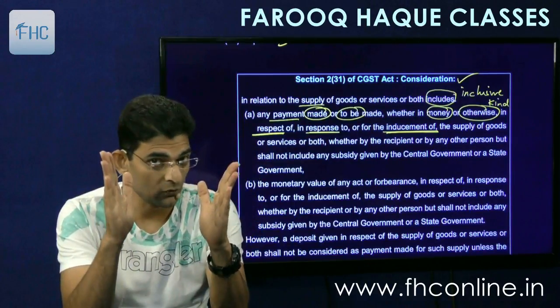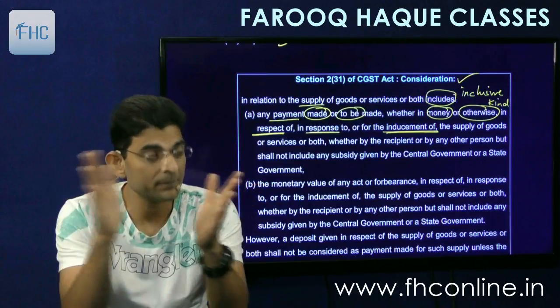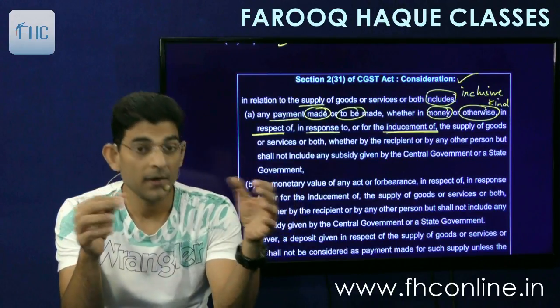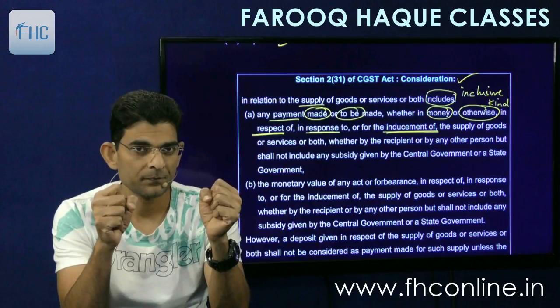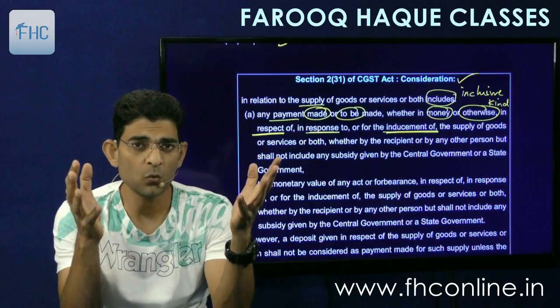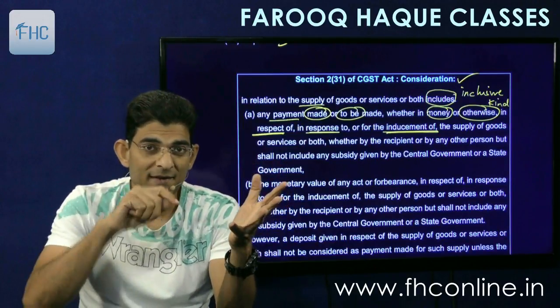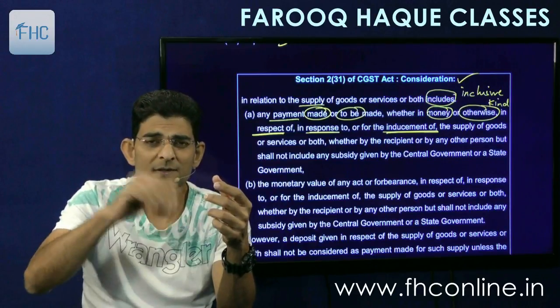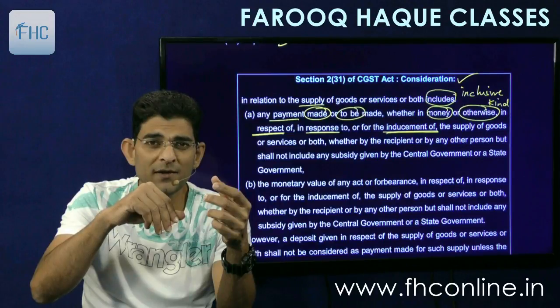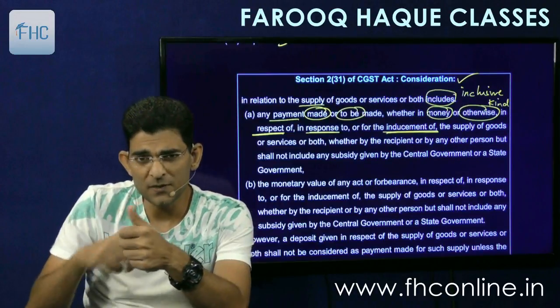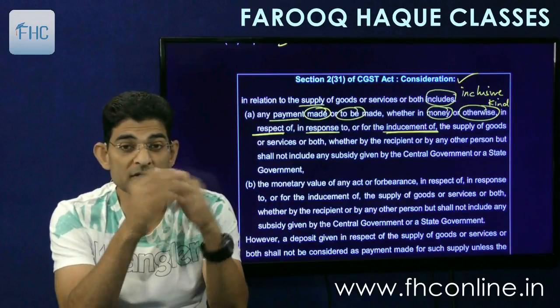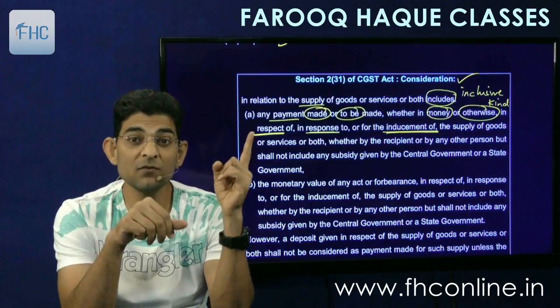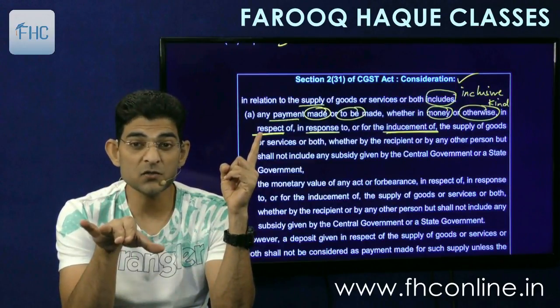Number 1, in respect of. So let's take examples to understand. I go to a shop, I buy some goods, 10 kilos of watermelon, and then I count the consideration. Now the shopkeeper, the owner, says that it is for 480 rupees. So I count 480 rupees and give it to him. So this amount that I am paying is in respect of the transaction.